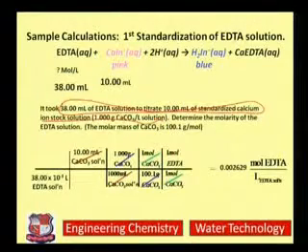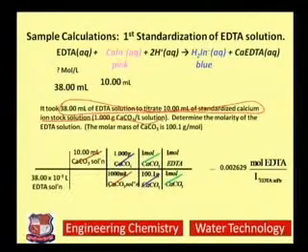This whole calculation clearly indicates that whenever this complexometric titration occurs, metal and EDTA react in a molar ratio, means the number of moles of metal cation is equal to the number of moles of EDTA.